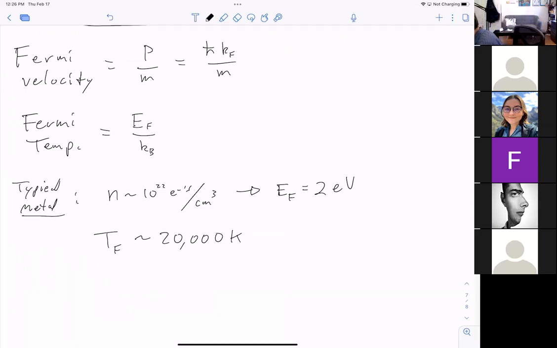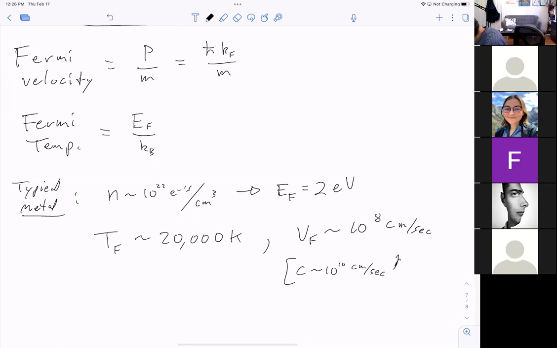So that's a trip when you think about it. And the velocity, if you work it all out, the Fermi velocity is on the order of 10 to the 8 centimeters per second, which is pretty fast, but not as fast as the speed of light, which is like 10 to the 10 centimeters per second.